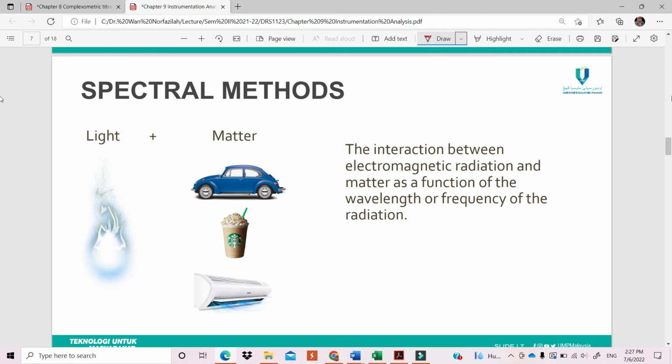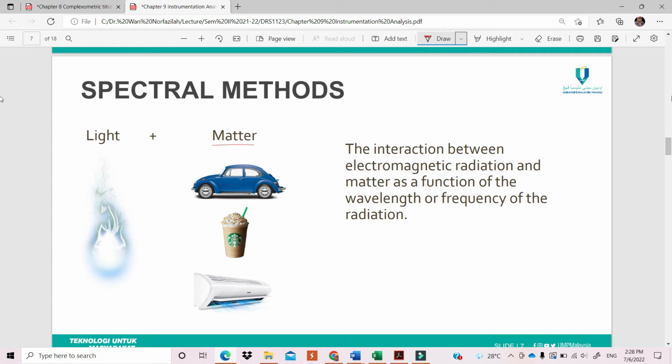So spectral methods, when the light, or electromagnetic radiation, kita panggil juga sebagai light, interacts with matter. What is the matter? Any solid, liquid, or gas, anything in your surroundings is matter.